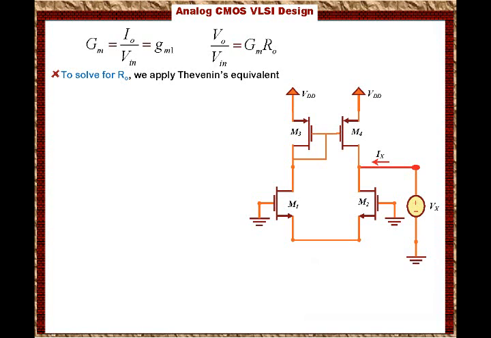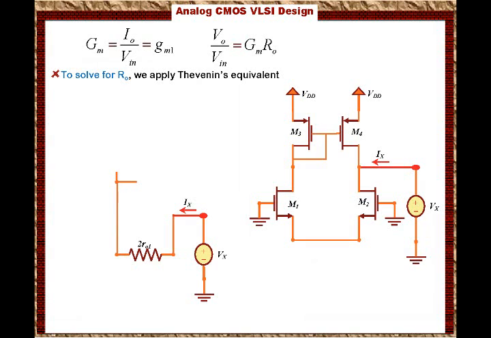What I will do is, we know that when we look into M2, I will see RO2, and then I will go through M1, so I will see RO1, but I know that RO2 and RO1 are the same, so the equivalent of these two resistors is 2 times RO1, right? Because RO2 is the same as RO1 and they are connected in series.